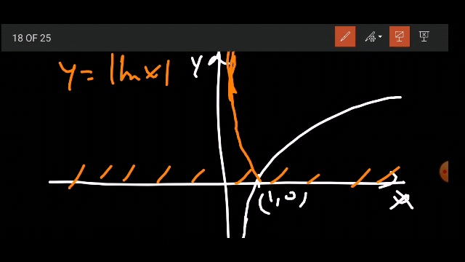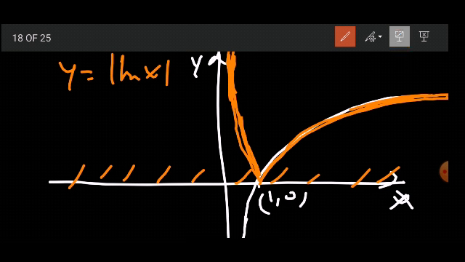So the graph comes like this way, and the portion which is existing here in the positive region will also exist. This is also an included part, and this portion. So this line will become y equal to mod of ln x.